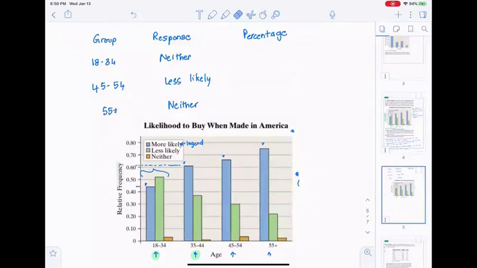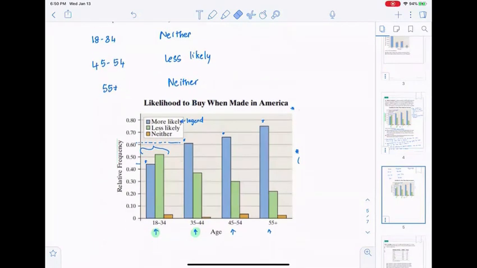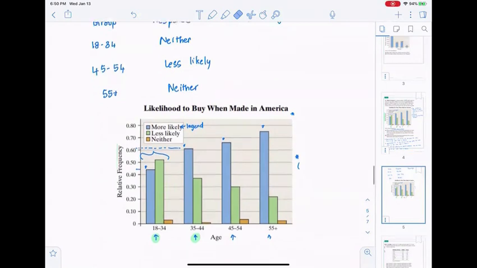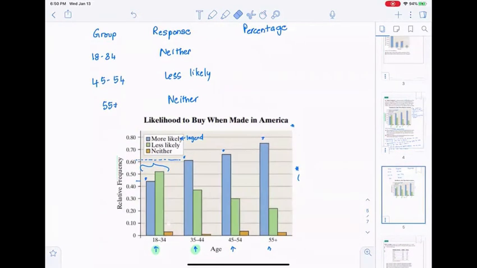So we look at the graph, and 18 to 34 would be the first block, and in that, neither would correspond to that bar, and it is about 3%, maybe 2%, so I'll just call it approximately 2.5%. 45 to 54, less likely, would correspond to the green bar, which is right over here, and it's exactly at 30%, so 30%.